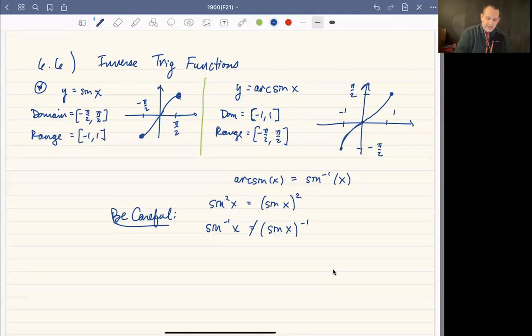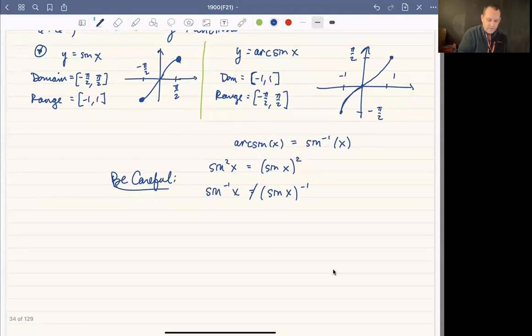What this means is that if you were to want to evaluate, let's find arcsine of 1/2. Let's call it theta. It's going to be some angle. Now, arcsine of 1/2 being theta is equivalent to saying that sine of theta equals 1/2.